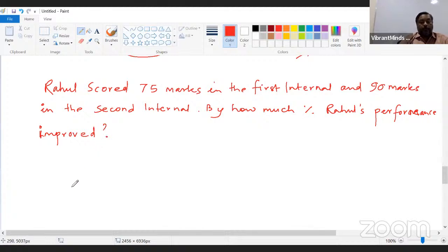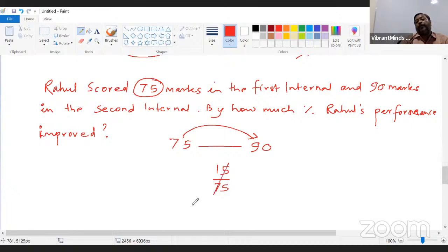So understand, from 75 he moved to 90. So there is always a plus of how much? 15 marks. Now the base of this calculation is what? He has improved from 75, so the base will always be here. 15 by 75. What will it be? 1 by 5. Now just now we went through what 1 by 5 refers to. 1 by 5 refers to 20%.